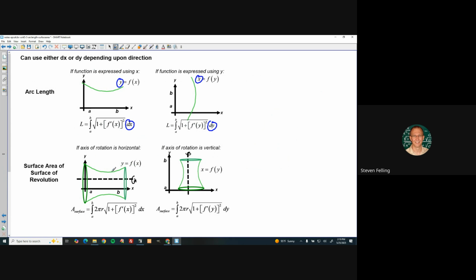So you do have to think of it like a disk problem. You would still put a rectangle on here to identify that it's perpendicular to the axis, so that's a dx type. If you had something rotating around the vertical axis, then this would be a dy type, so you'd have a dy here. So it's dictated by the rules we use for disk building.